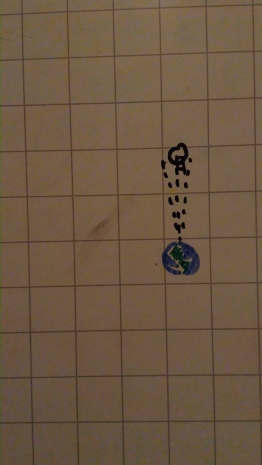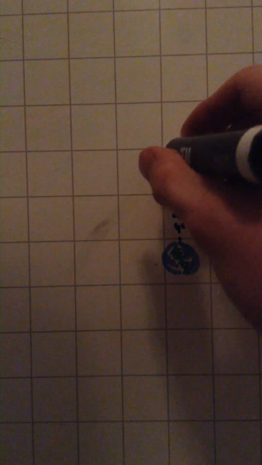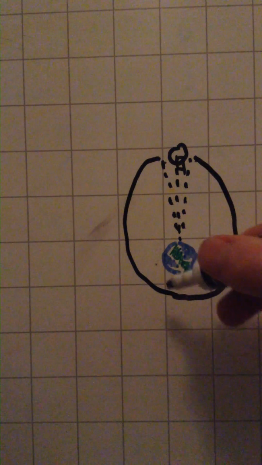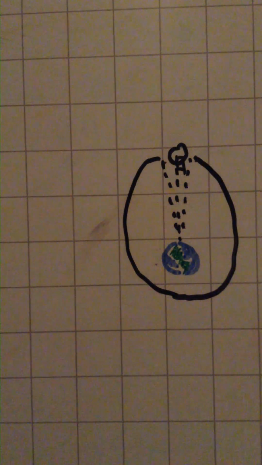Synodic meaning the amount of time it takes for the moon to cycle through its phases. And yes, there are other months. One notable one is the anomalistic month, and that is the amount of time it takes to go from closest to Earth to farthest from Earth, back to closest to Earth.